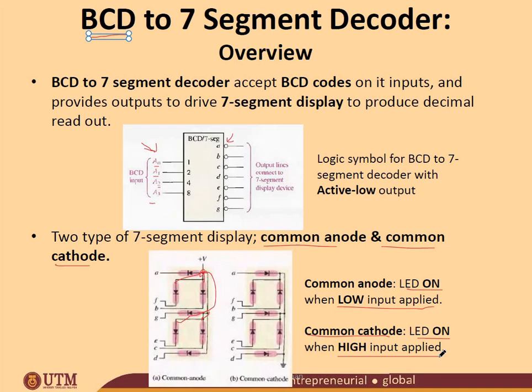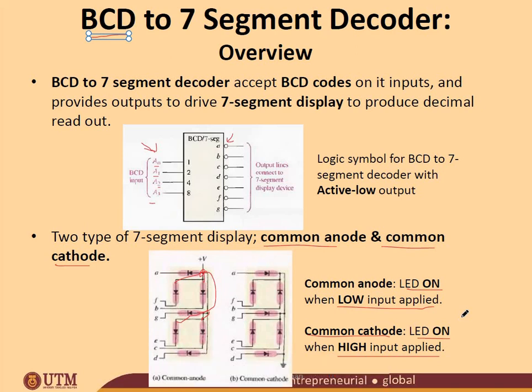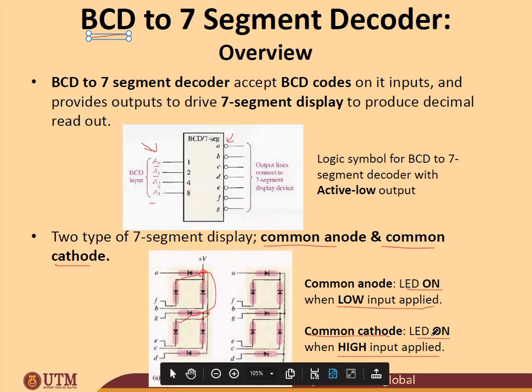This slide has 73 pages, so please read all the slides, the module, the exercises, and past years' papers, for you to get through this subject successfully. So common cathode is on when a high input is applied.